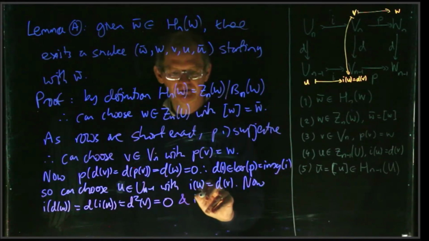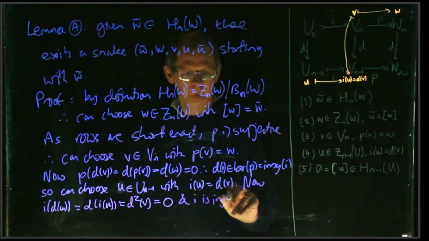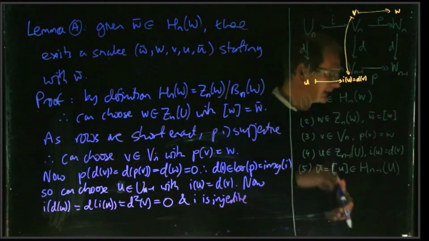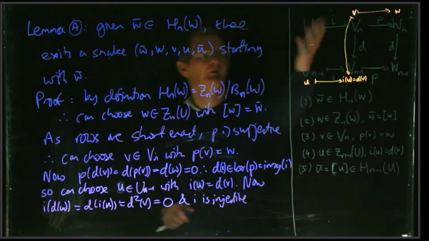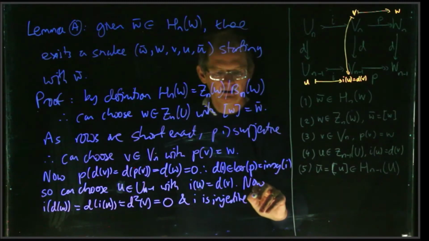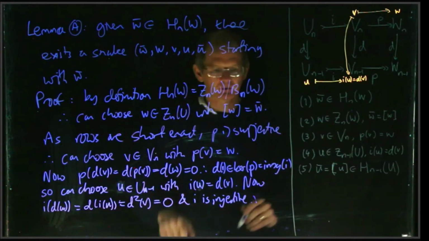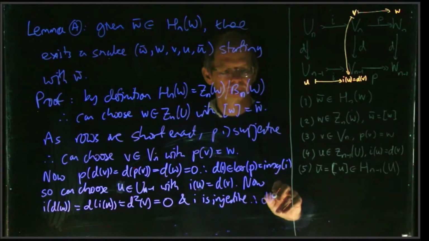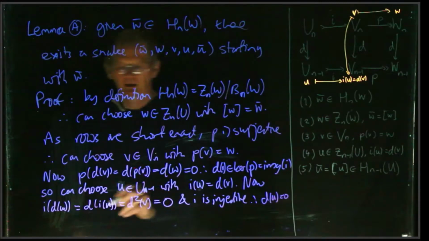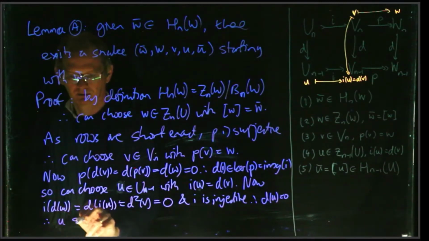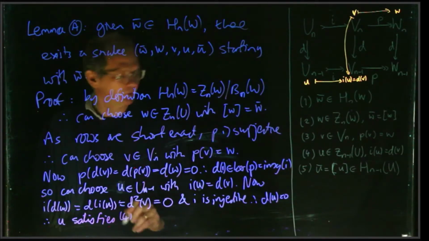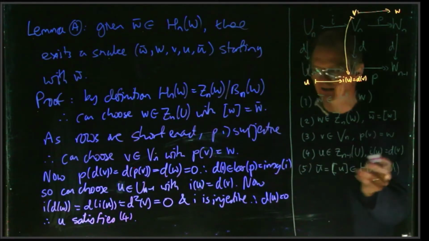And i is injective. That's part of what it means to be a short exact sequence: the first map has got to be injective. So i is injective, and i of du is 0, so d of u is 0. In other words, u satisfies our condition 4 here.